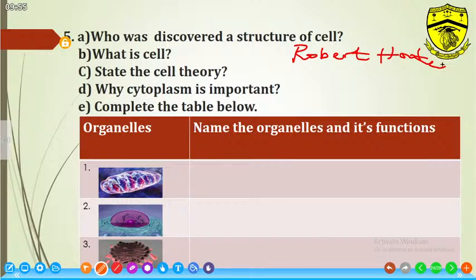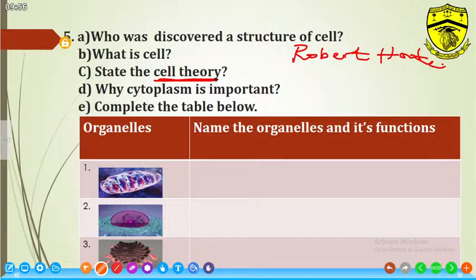So you got it? You remember the cell theory. Why is cytoplasm important? Because most organelles are present in it, so it helps to protect the organelles.